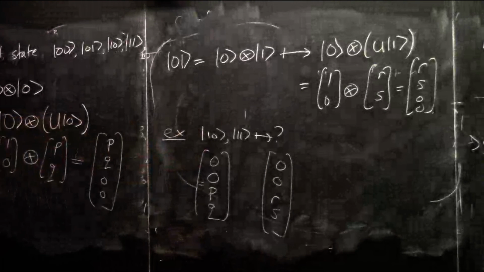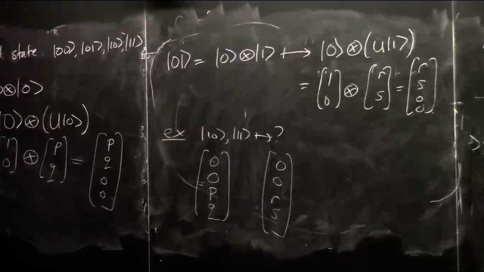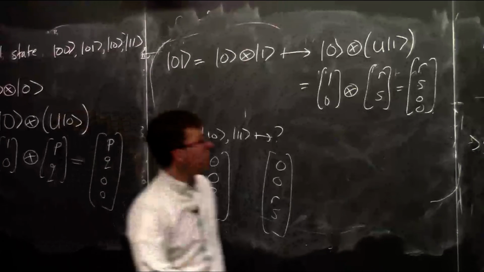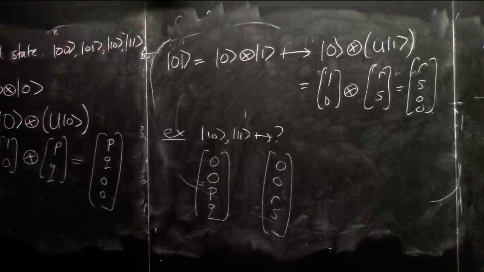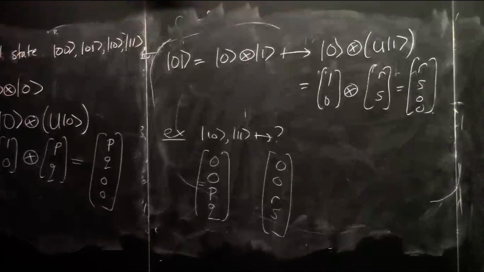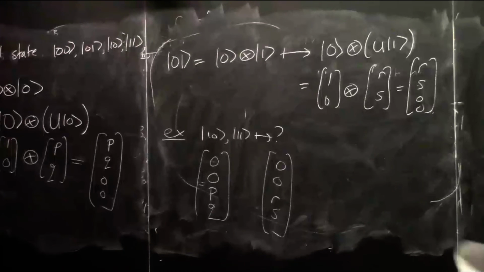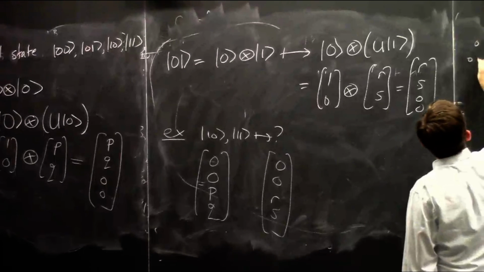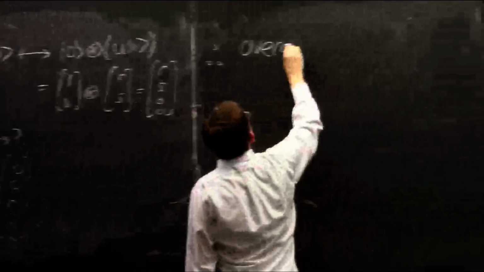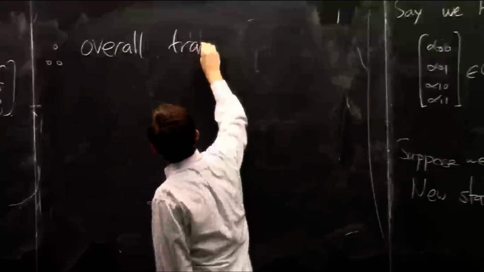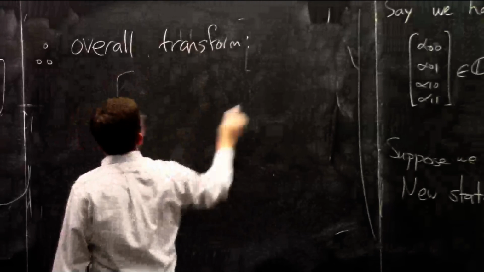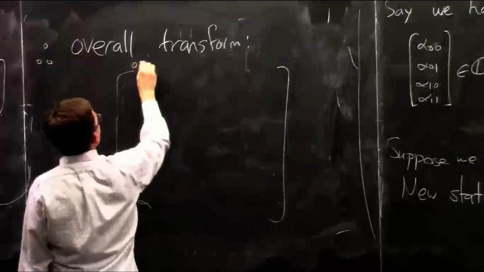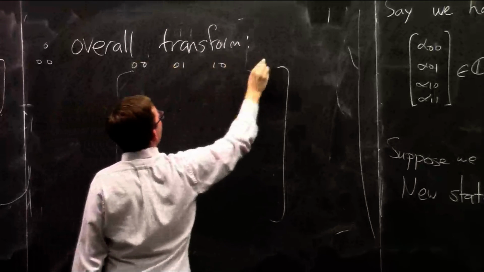So the overall transformation, we know where the 4 basis vectors go, so we can write down the matrix for the overall transformation. The overall transformation is a 4 by 4 unitary. And this is 0 0, 0 1, 1 0, 1 1.